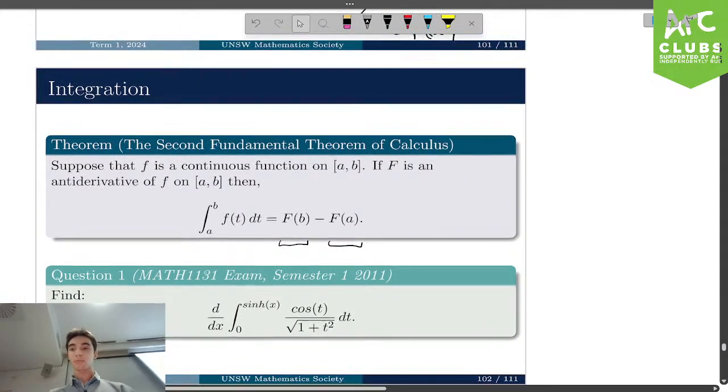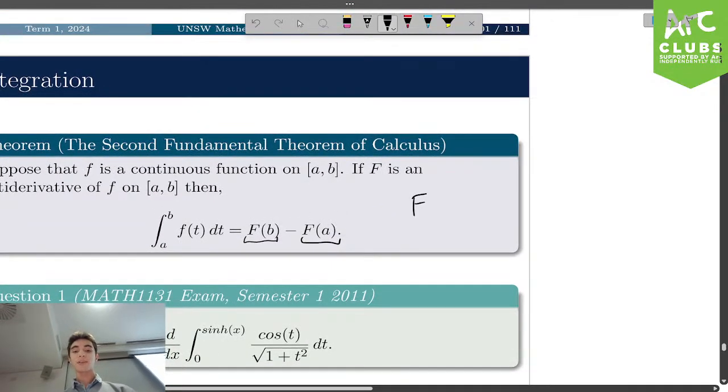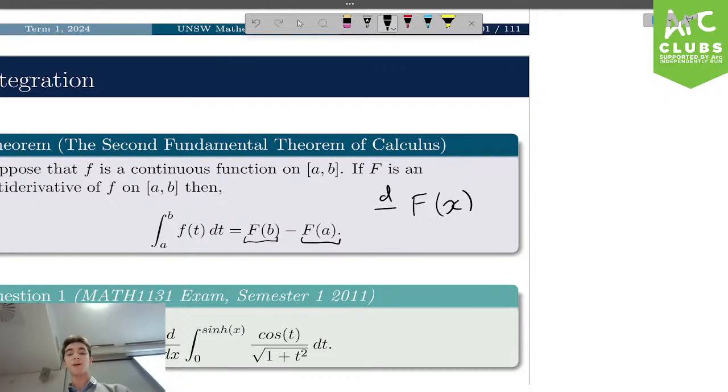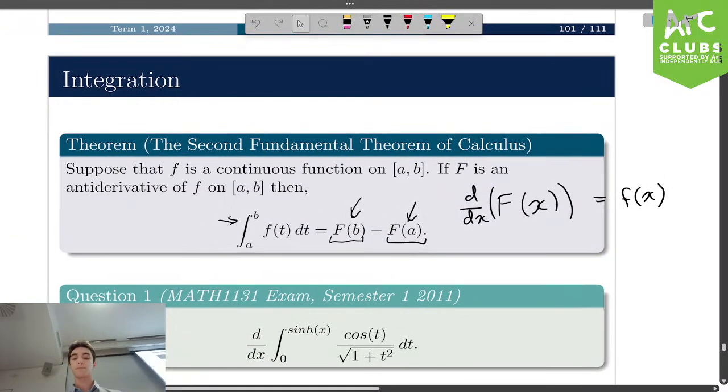So in this case, big F is defined to be some function such that the derivative of big F is f of x, okay? That's what an antiderivative means, and that's what you use to calculate the value of an integral like this, okay?